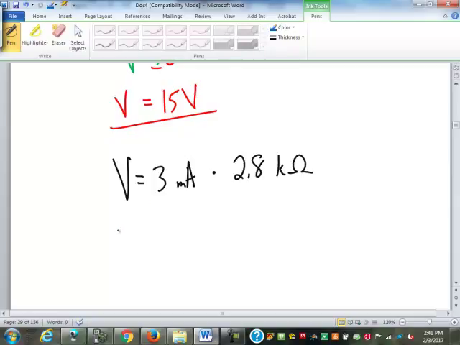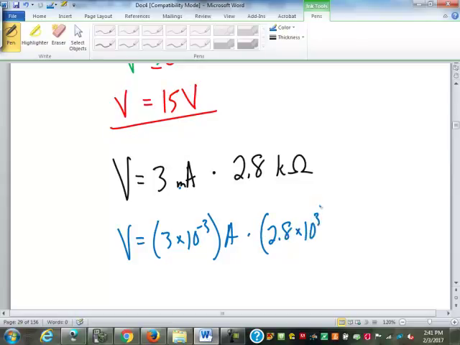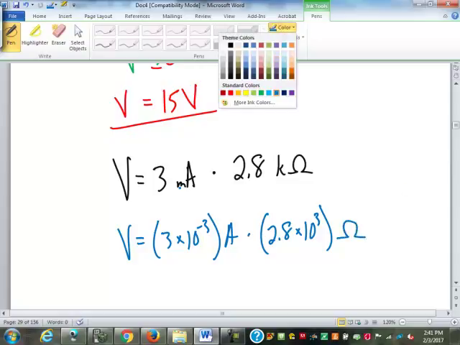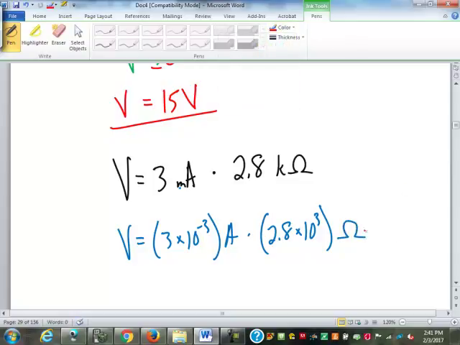So what we're working with here, 3 milliamps is really 3 times, milli is 10 to the negative 3 amps, times 2.8 kilo ohms, that's 2.8, kilo is times 10 to the positive 3 ohms, and now we can do operations with this.